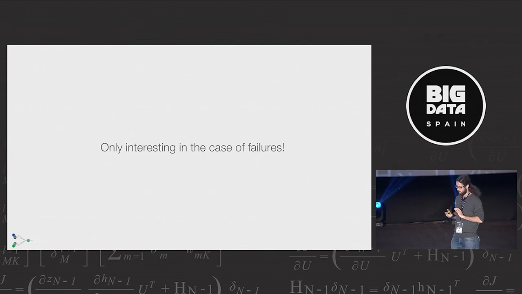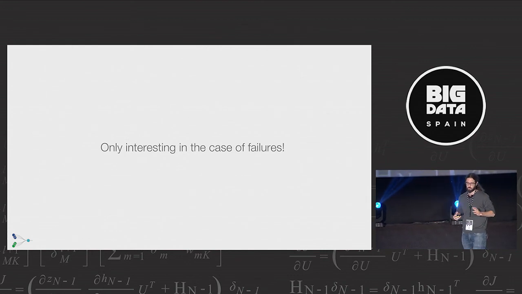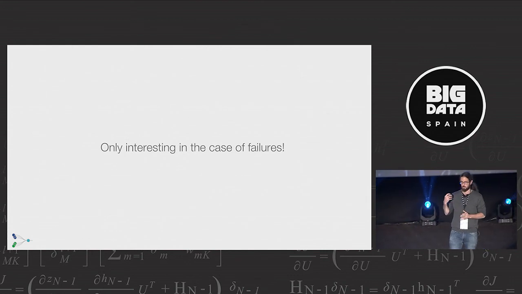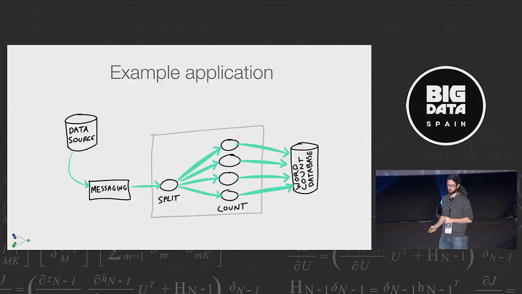In non-failure cases, all executions in a stream processing system are exactly once, or effectively once. But in the case of failures, you may either lose messages or have to replay them, so this is where effectively once comes in.